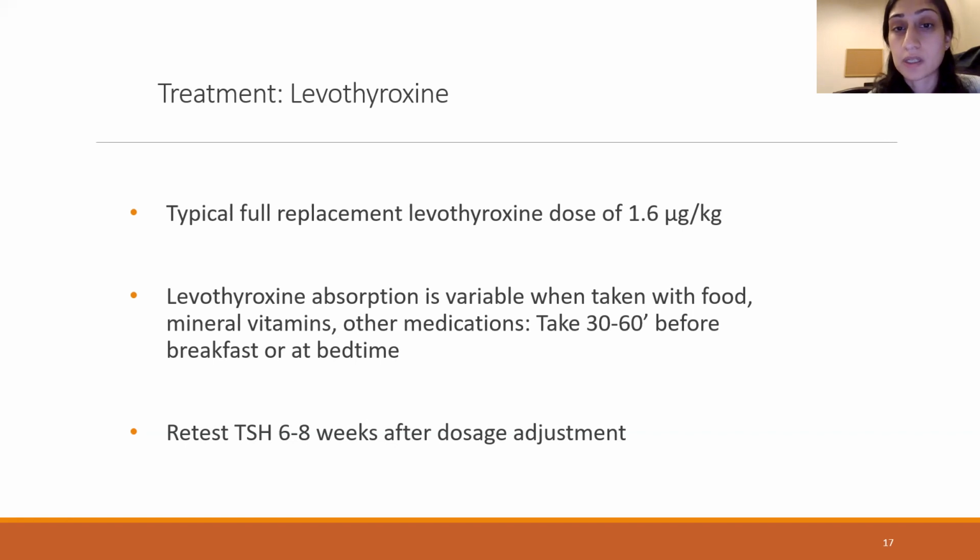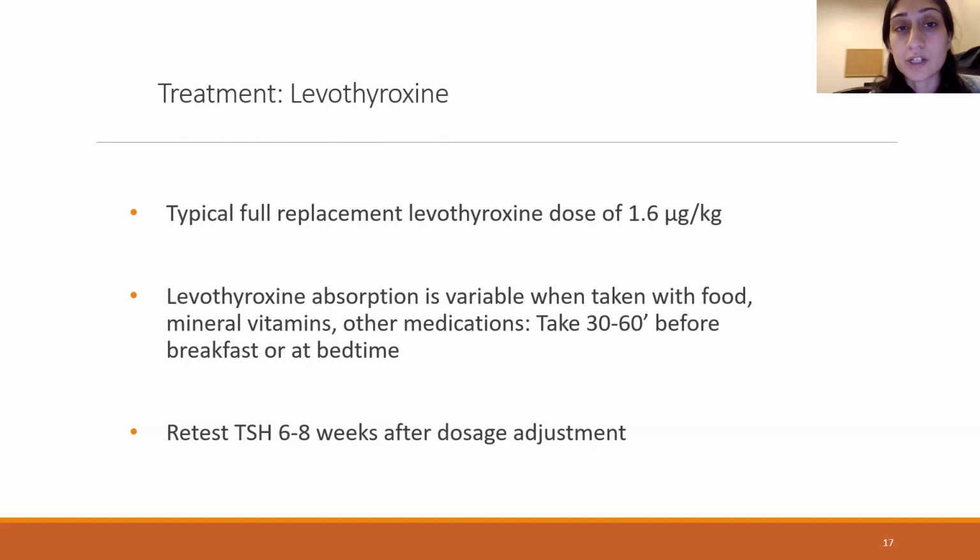So they should take it first thing in the morning on an empty stomach, just with water. They should wait anywhere from 30 to 60 minutes before eating. One thing to keep in mind is that iron supplements, calcium, and multivitamins with calcium can affect the absorption of this medication, so you want to separate that by at least 4 hours. If they're on any sort of multivitamins, make sure they're taking it at least 4 hours apart.